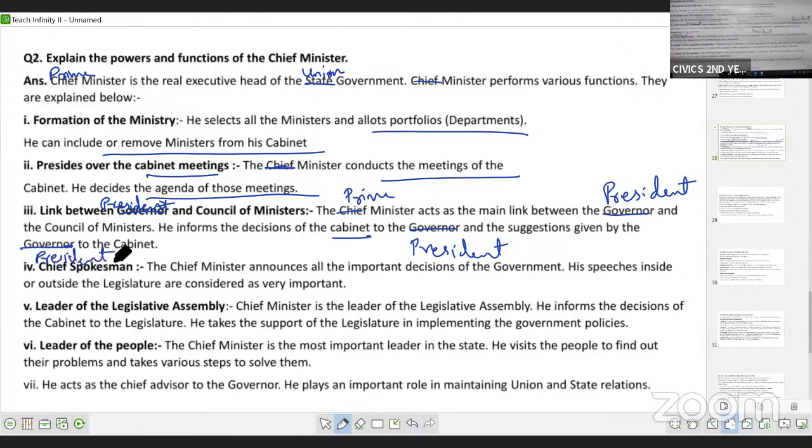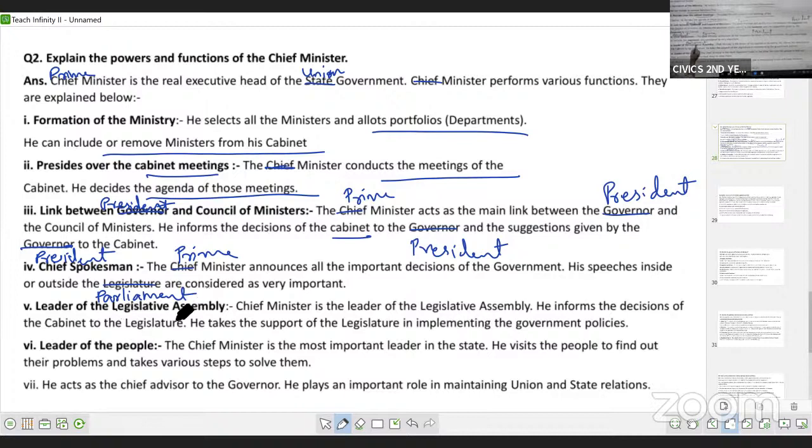He is the chief spokesman. The Prime Minister is the chief spokesman. He announces all the important decisions of the government. His speeches inside and outside the legislature, you can say parliament also, inside and outside the parliament are considered very important.